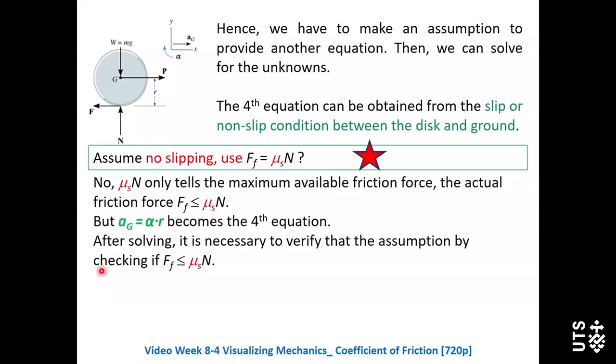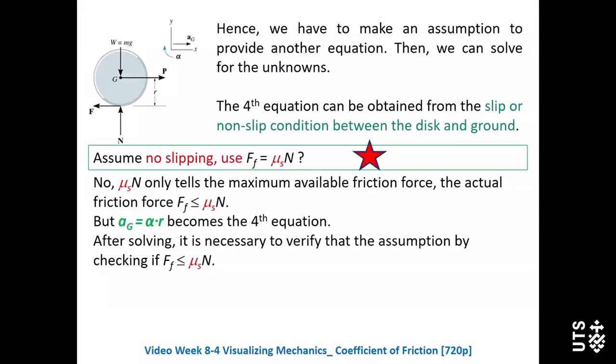We have to check the friction force F against the maximum available friction force calculated using mu s and reaction force N. If the calculated friction force is less than or equal to this mu s N, then that means the assumption was correct.